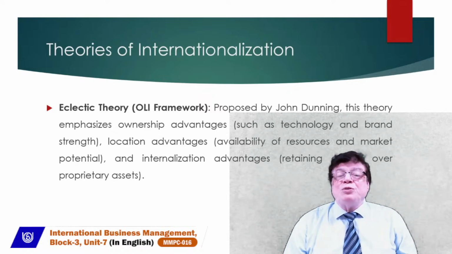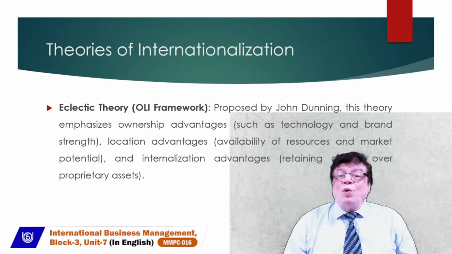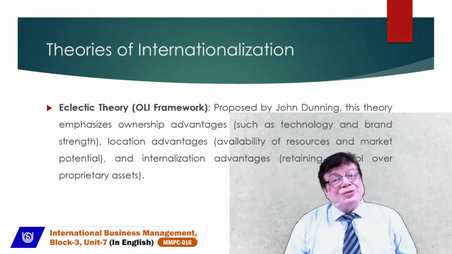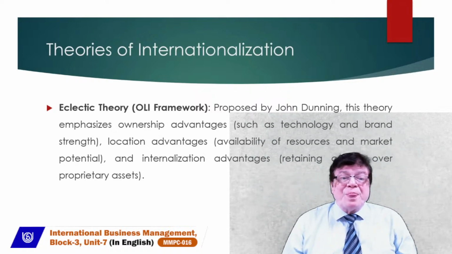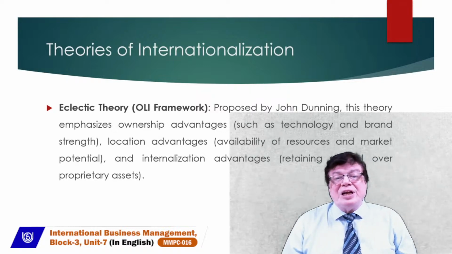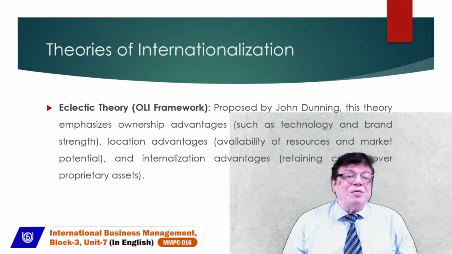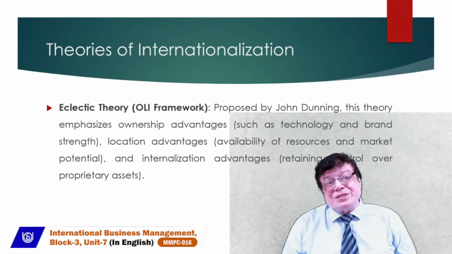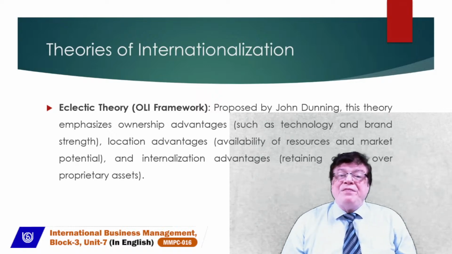Say, for example, shoe soles are available in Taiwan. So availability of resources, where the resources are available, and market potential; and internationalization advantages, retaining control over proprietary assets. So, eclectic theory, the OLI framework.